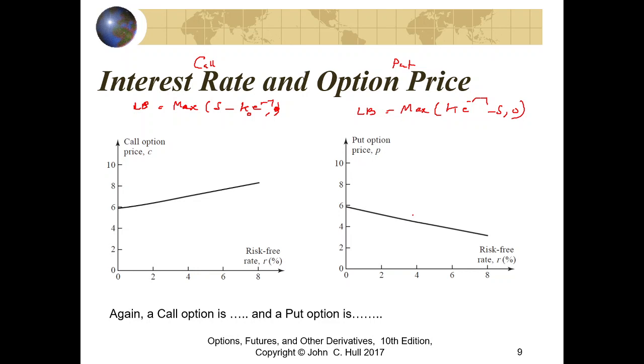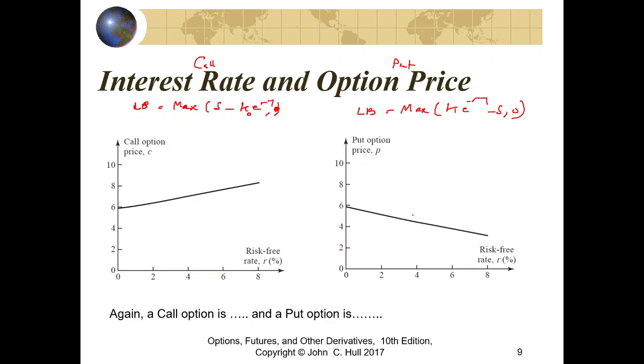So this feature makes call options higher in price and much more desirable than put options. How about put options? A put option is the right to sell. So if you do not exercise, you are not receiving the strike price. And if you did not receive the strike price, you don't have the chance to invest it in the risk-free asset.